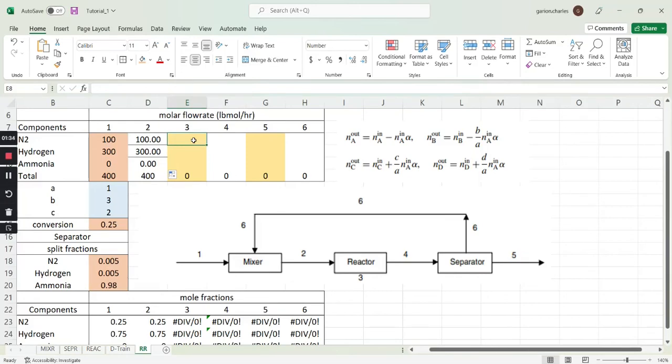Stream 3 is not really a stream, it's just meant to showcase how many moles for a particular component are consumed or produced based on the inlet stream into the reactor, which is just the negative or positive part of the governing equation we looked at previously.